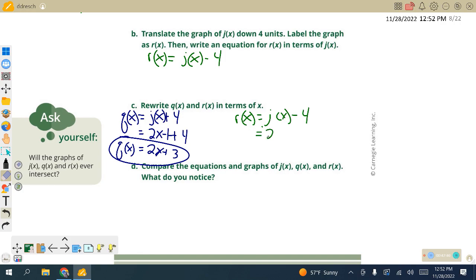So j of x, they told you, and we had done that a second ago. Combine like terms, and there we go. I can confirm that if I look up above, minus 5 should be my y-intercept, and it does check out.